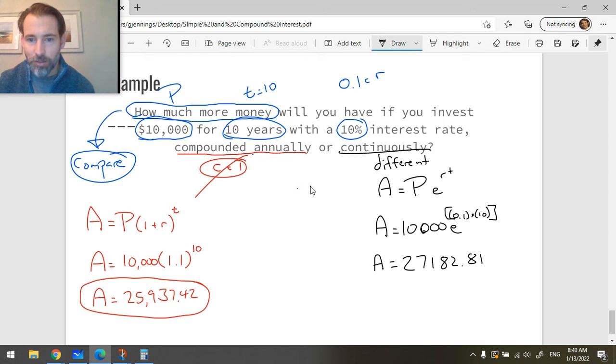Okay, so this A is equal to that. Let's call this A2 for compounding continuously, and we'll call this A1. That way we can distinguish them. Now we can solve this with an equation. A2 minus A1 equals, well, let's do it on the calculator.